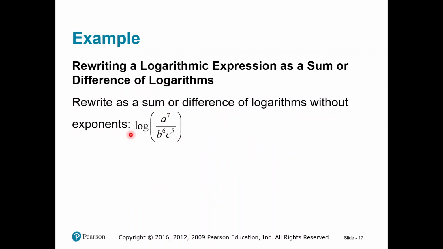What about this? The log of a to the 7 over b to the 6 times c to the 5th. Now let's expand this log. And so we could use the quotient rule.